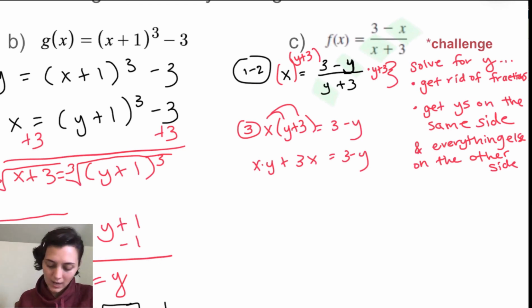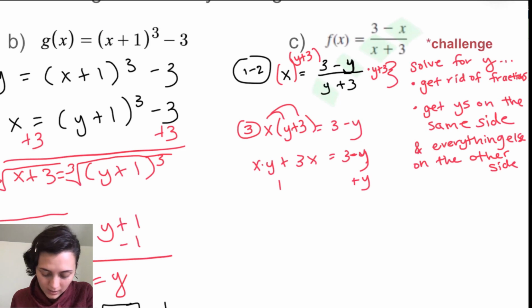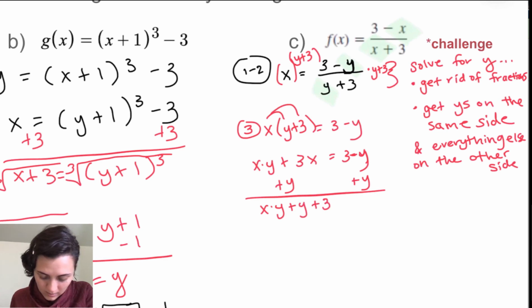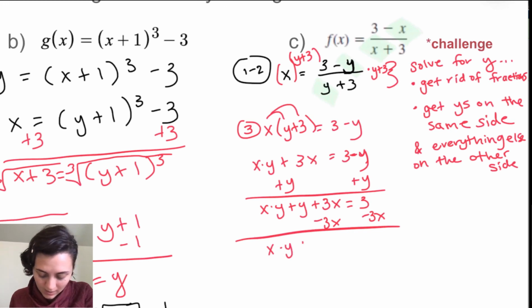So let's get our y's on the left hand side. So that means I want to move this minus y over, and I will do that by adding y. And then I will subtract that 3x. I want this 3x to not be over there because it does not have a y. So then I have x times y plus y equals 3 minus 3x.